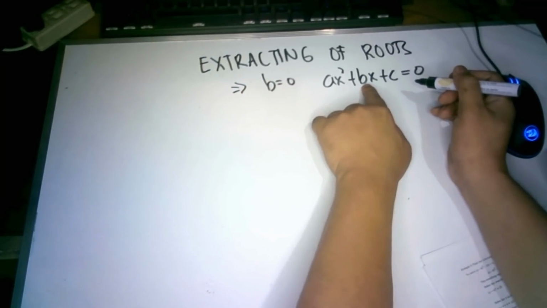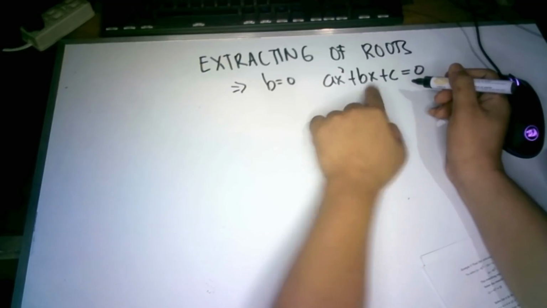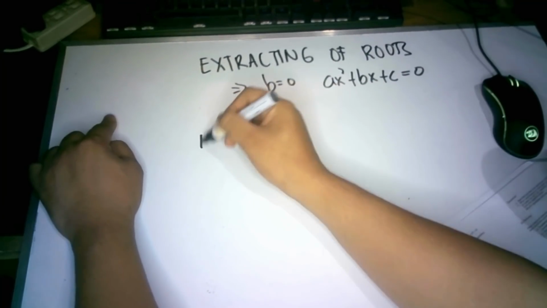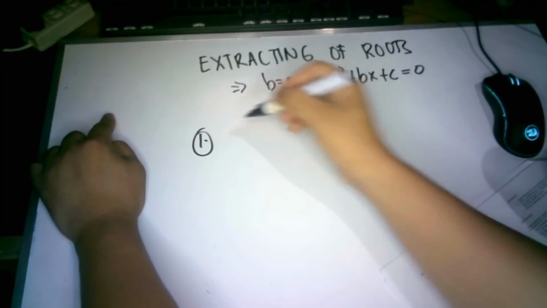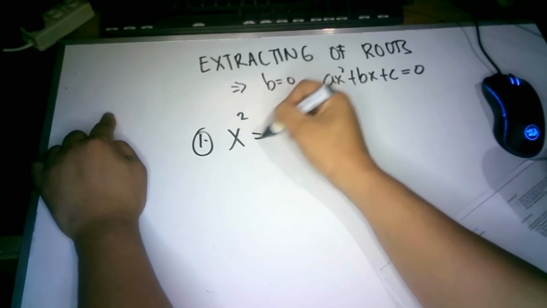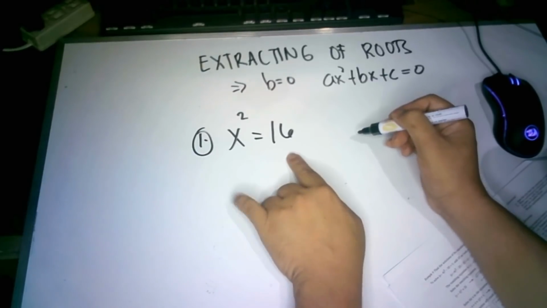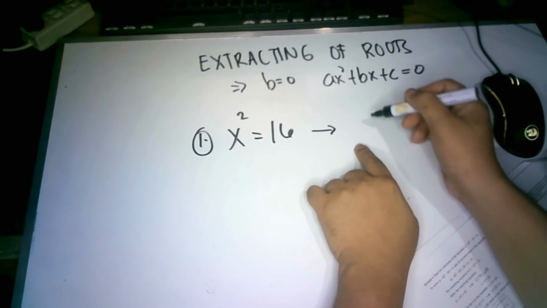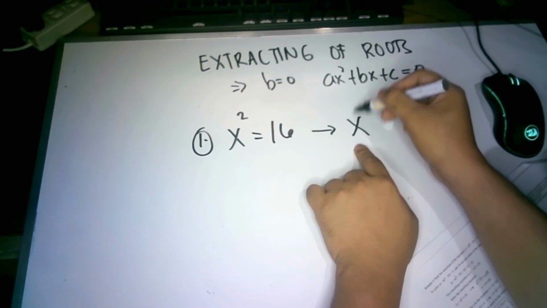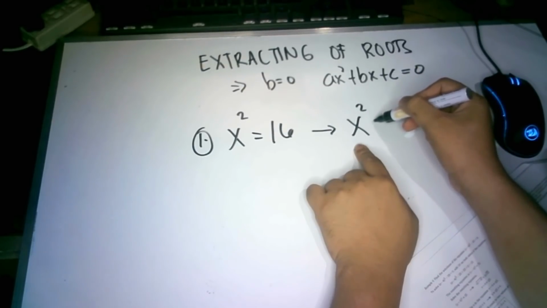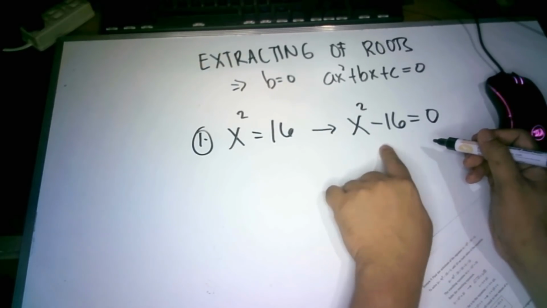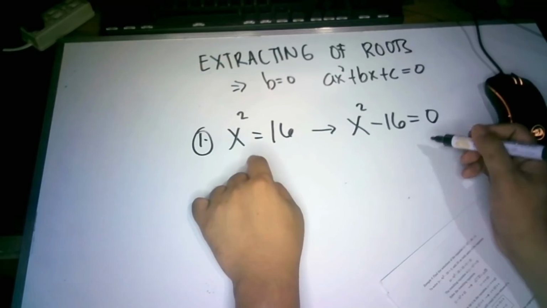Pag wala daw value si b, usually, ang pwede natin gamitin is extracting of roots.